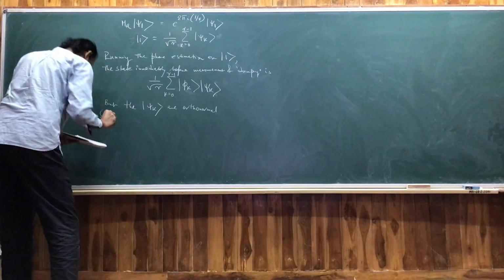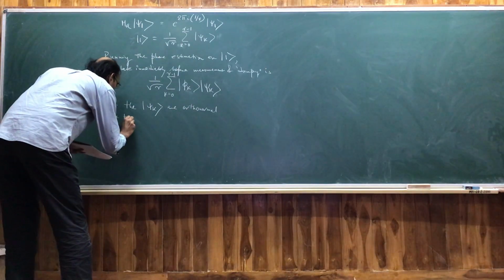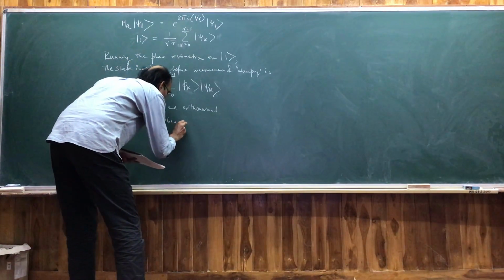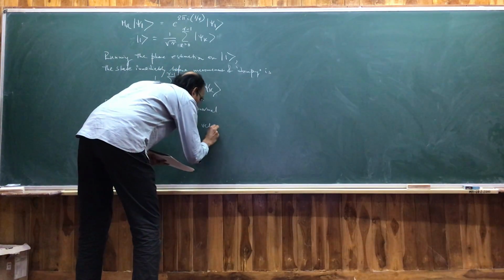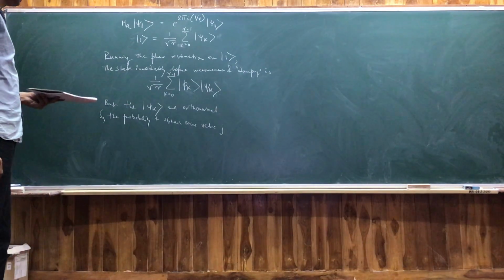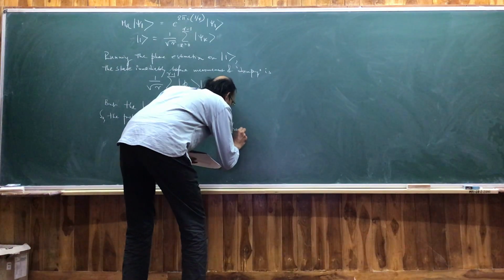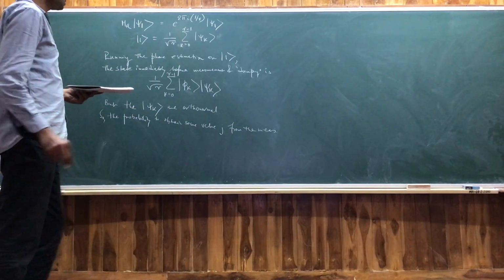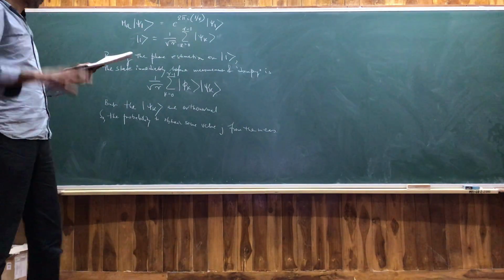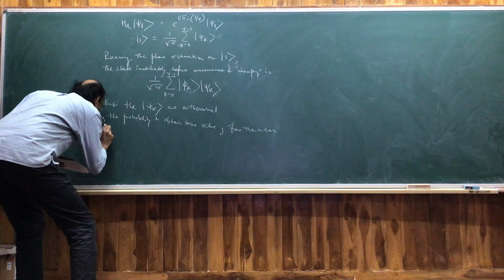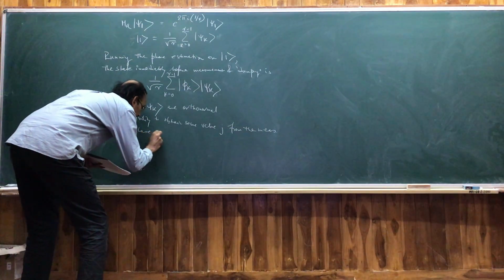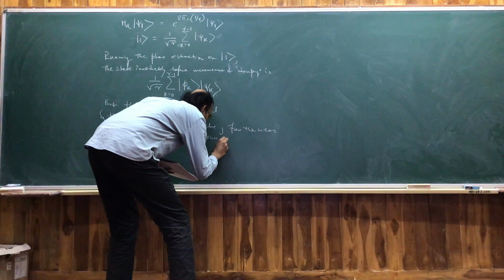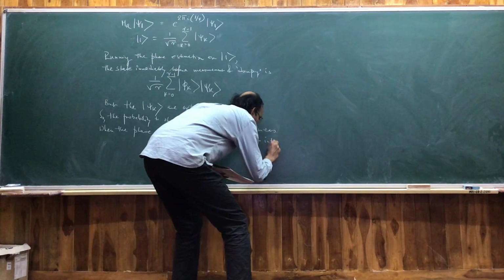So, the probability to obtain some value j from the measurement that is done on the top group, when the phase estimation is run with 1 as input.